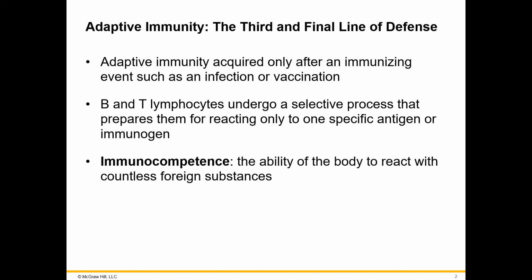At this time, the immunocompetence, which is the ability of the body to react with countless foreign substances, is developed. So when a baby is born, they already have the theoretical potential to react to an extraordinary array of different substances.